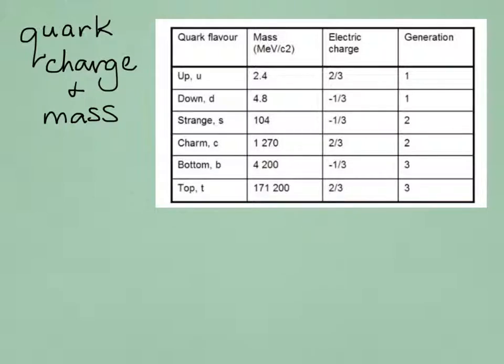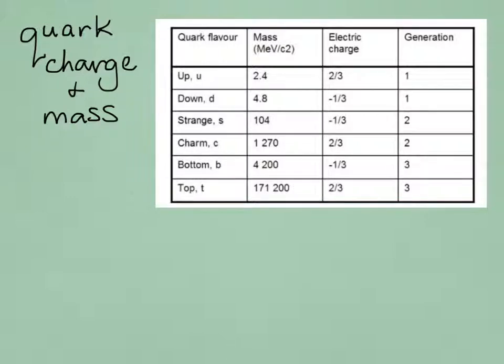And there's a big jump from the up and down quark to the strange quark. That's about 50 times more massive. But the charm quark is more than 10 times more massive than that. So that's why the strange quark was seen first. It was easier to produce than the others further down the list.